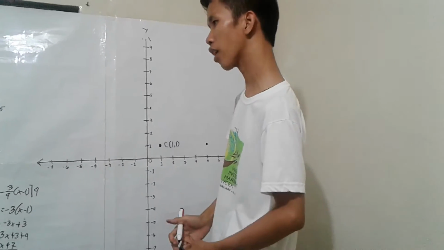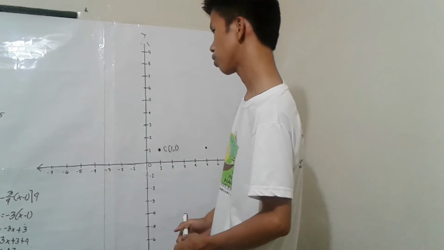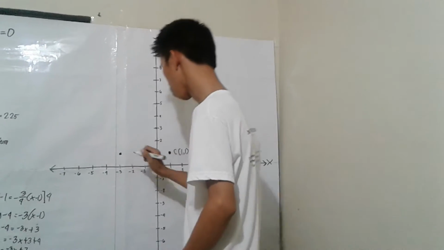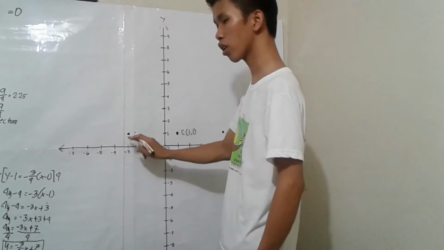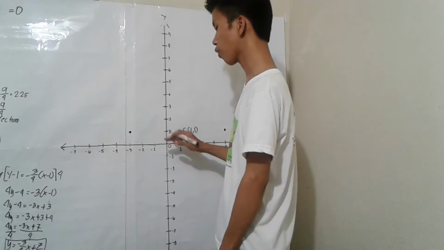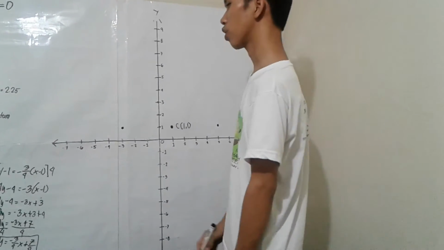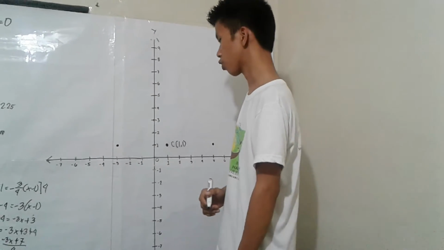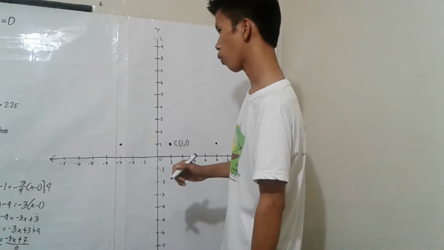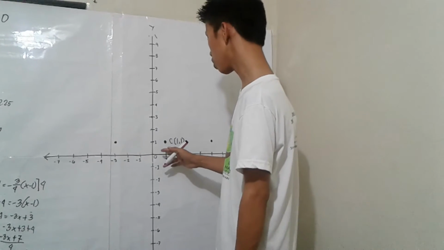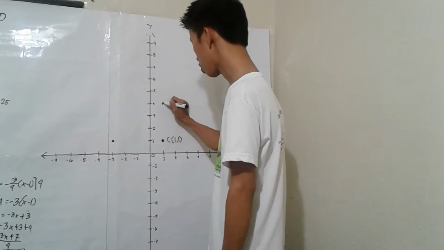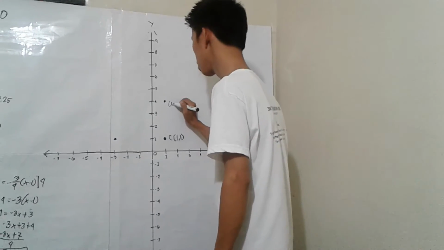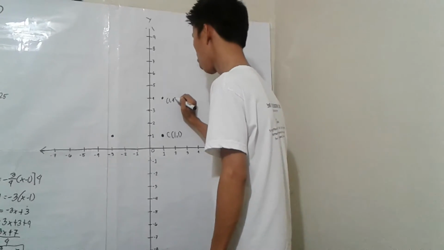And the other vertex is negative 3 and 1. So from here to here is the length of our transverse axis. So next, let's find the endpoints of the conjugate axis. So 1 from here, 1 and 4. So this is our conjugate axis.